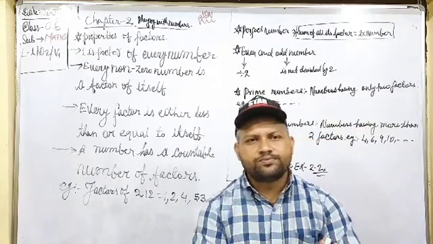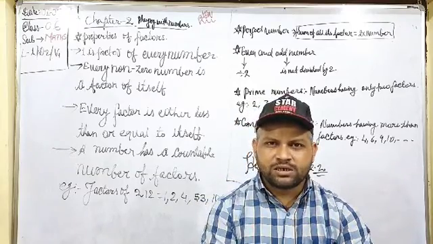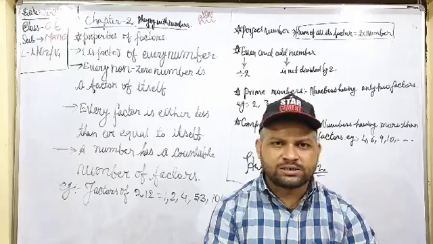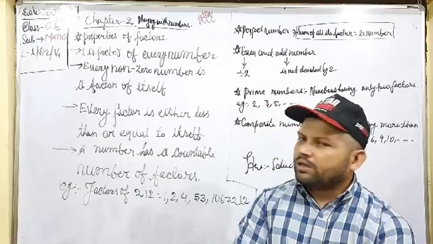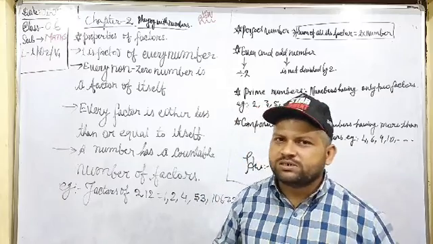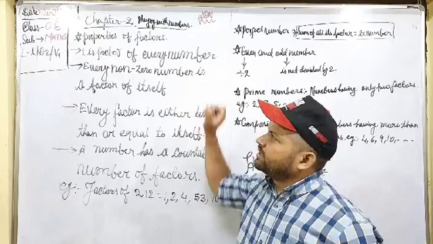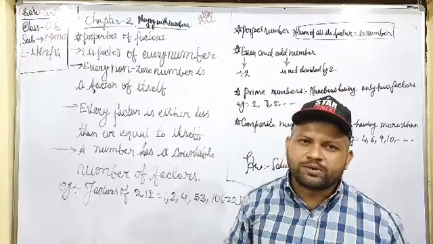As you know, what is the factor of a number? I have discussed it in previous classes. Today there are some properties written by me. Please try to understand. One is a factor of every number. This is the main property of factor.